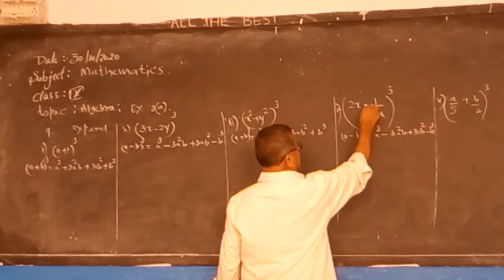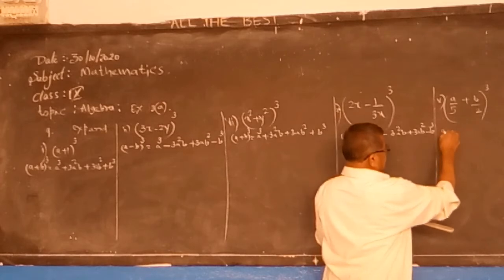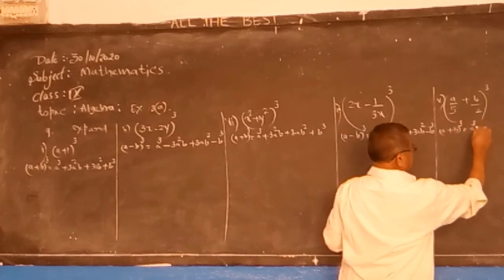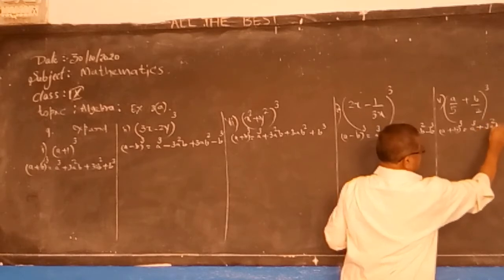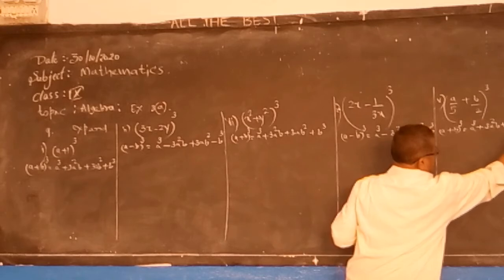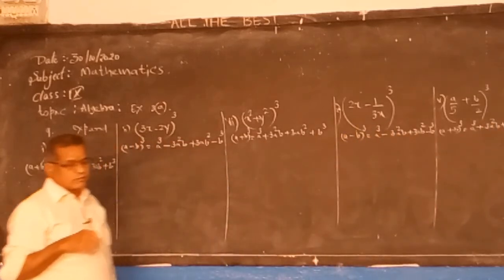And because this is a minus b, the signs alternate. So write (a + b) whole cube: a cube plus 3a squared b plus 3ab squared plus b cube. Like that we have to expand.